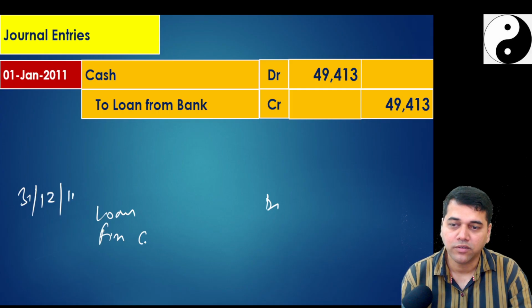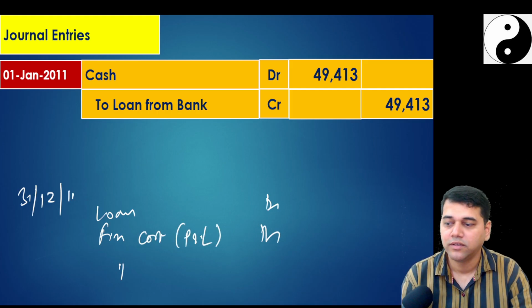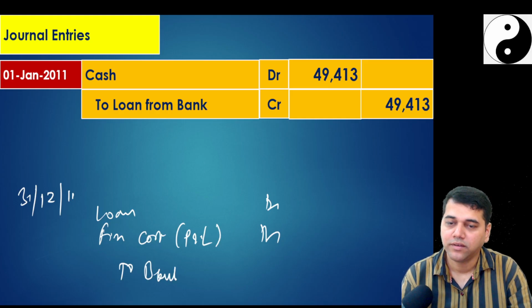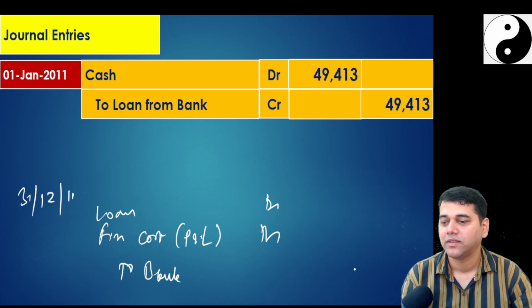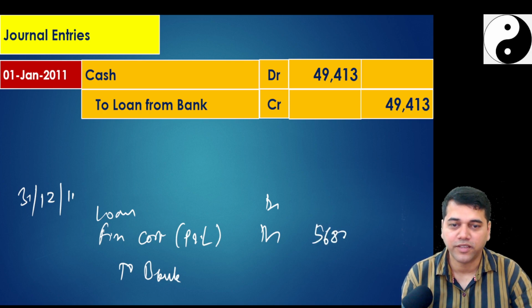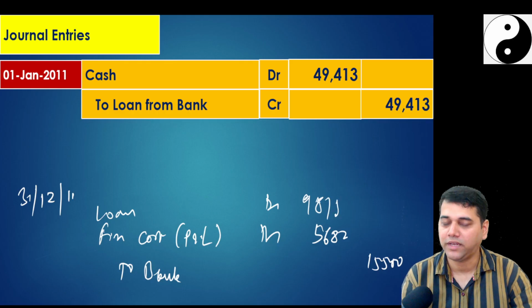Finance cost account debit to bank. Yes. 5682, 15,500, 9818. Perfect.